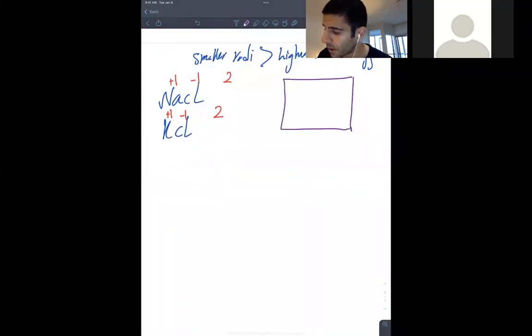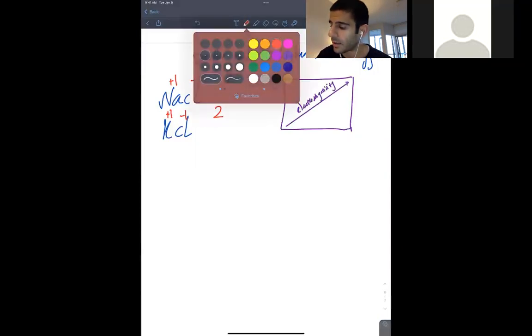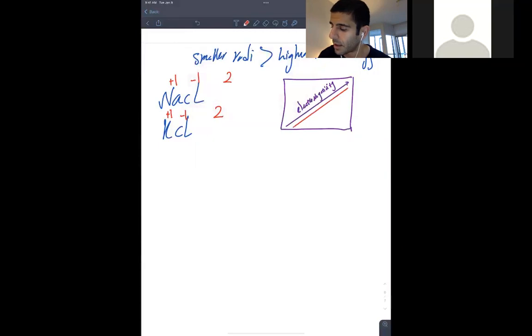So you see, the electronegativity increases in this direction. The radius increases in this direction. So what does it mean? It means that as you go down and left, it increases.